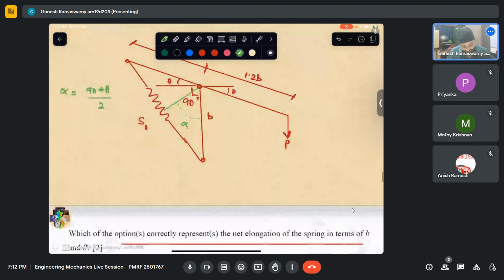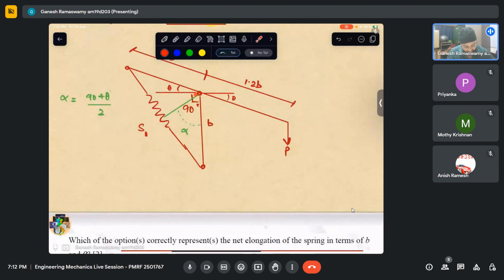So from that triangle, I can write, I know that this angle is 90 degrees because I have drawn the altitude here. This is B and I have this angle as alpha. So can I write this distance? What will that distance be? If I take sine 45 plus theta by 2, it will be S1 by 2 by B. I hope this is clear what we have written.